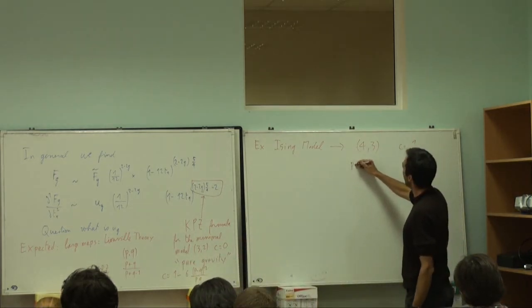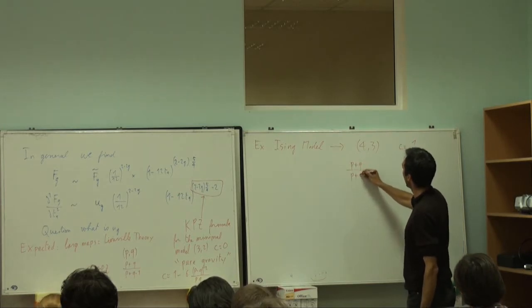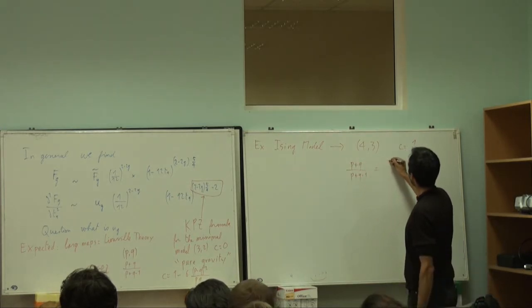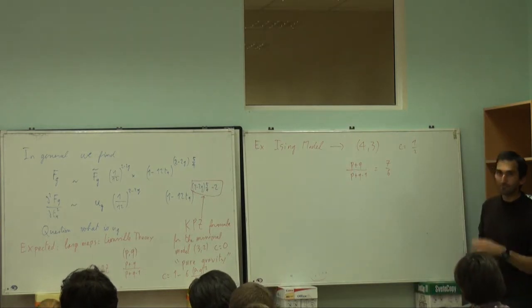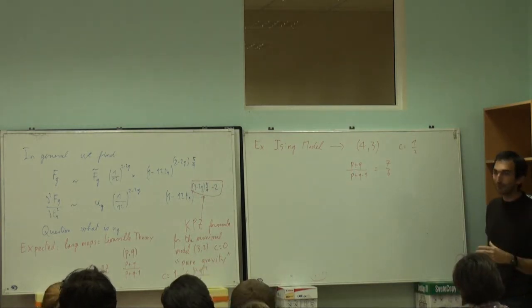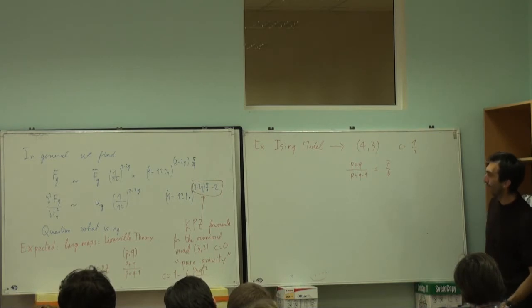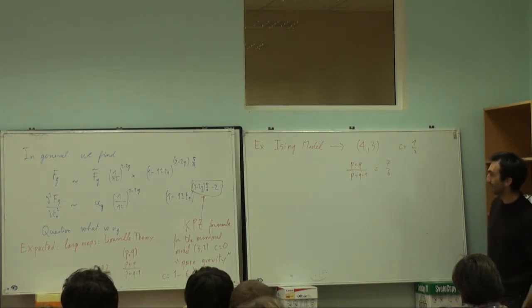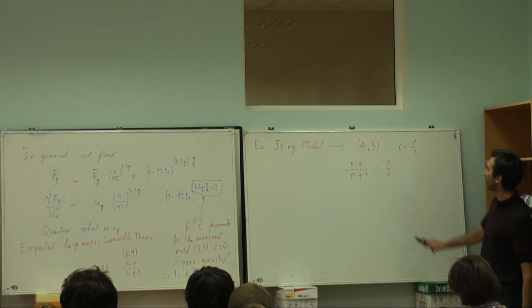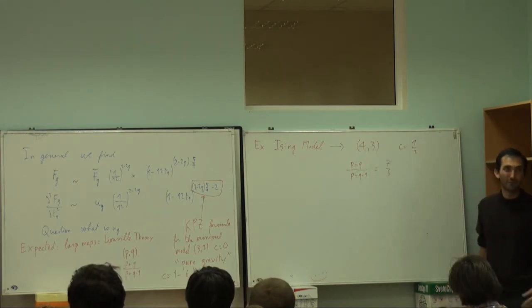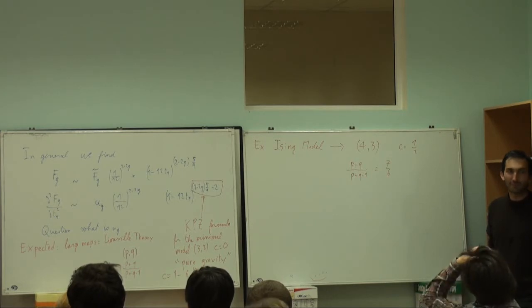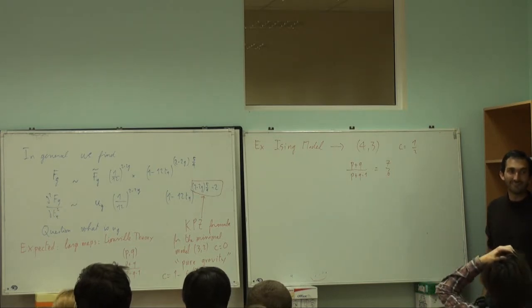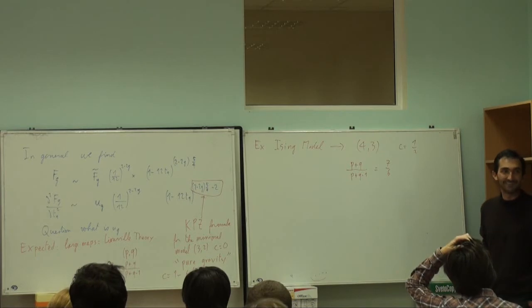And the P plus Q over P plus Q minus 1 would be 7 over 6. Well, the Potts model with 3 states is also expected to be a conformal field theory, I think, with 6-5. But even physicists are not sure about this.